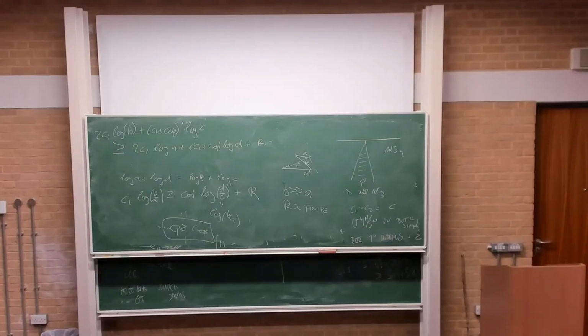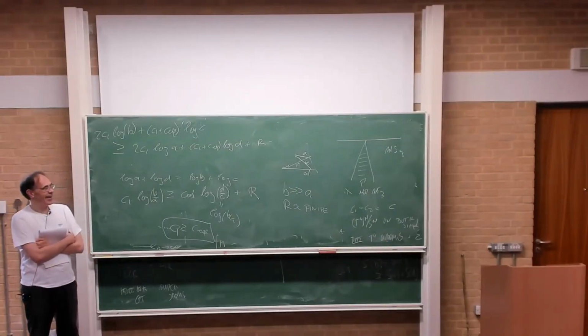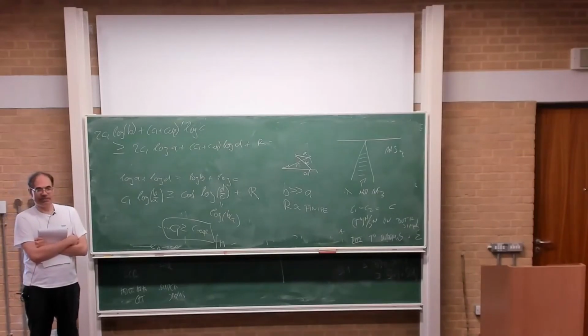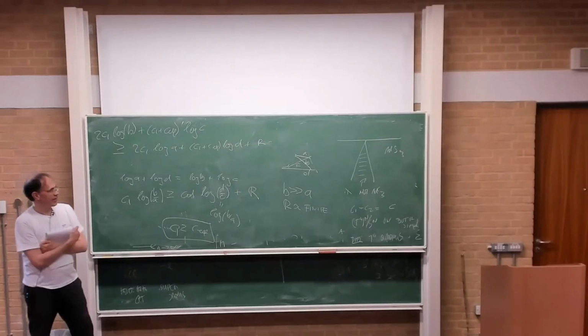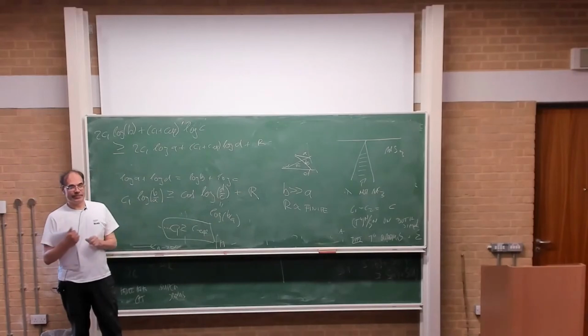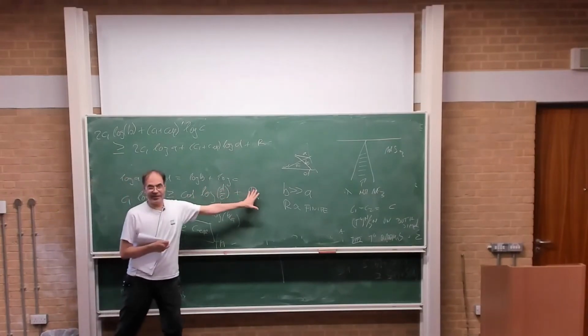I need the length of D to be much bigger than the length of C, and the length of B much bigger than the length of A. Right, I want this inequality to be dominated by the log terms. Need to drop this, and then the inequality is sitting right there.